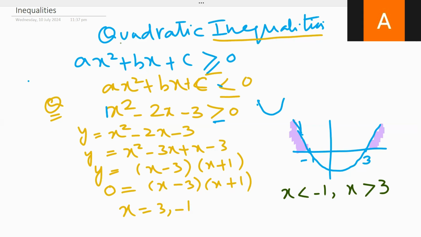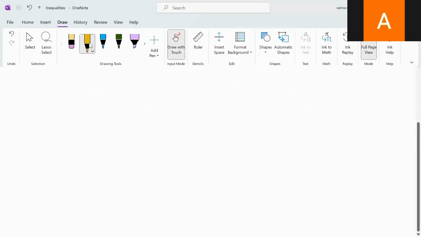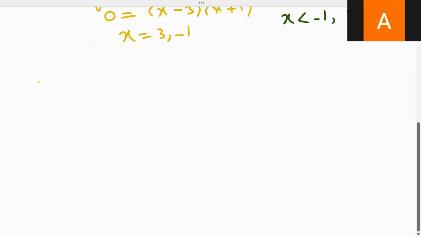Now we do one more question. The example question is x² + 5x - 14 is less than 0.